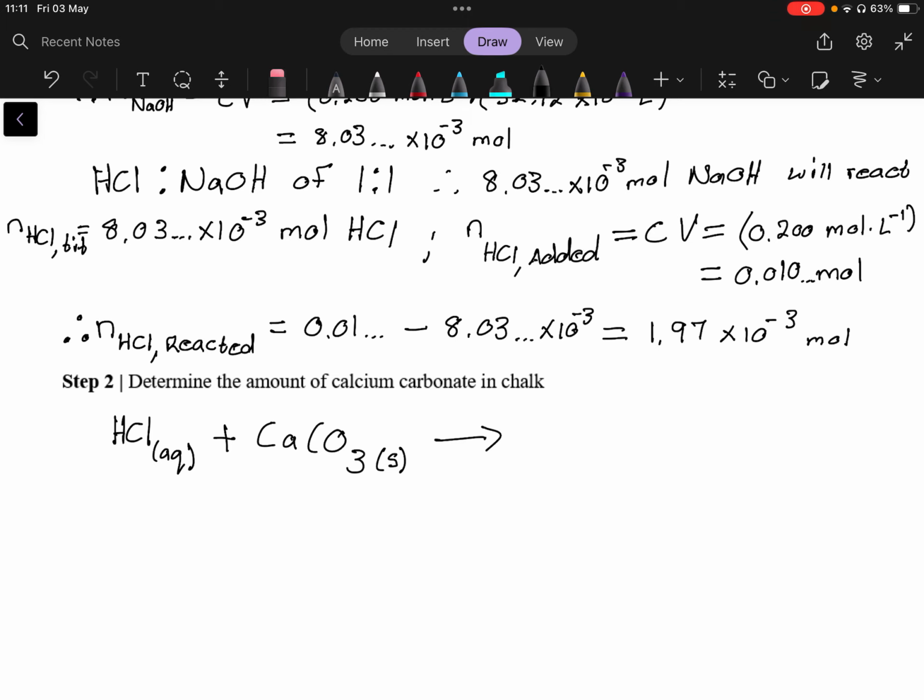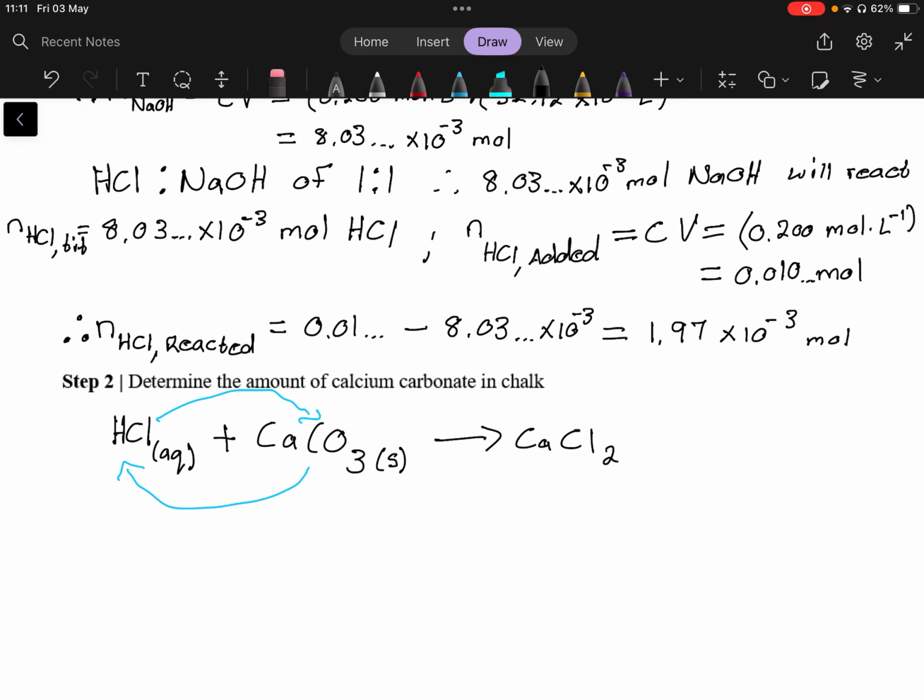The salt is going to be calcium and chlorine, and that means it needs to be CaCl2 because calcium is 2 plus, and chlorine is 1 minus, and we swap places like this.